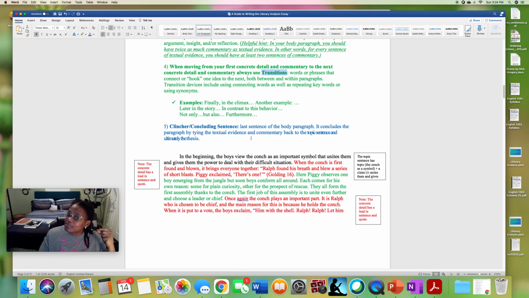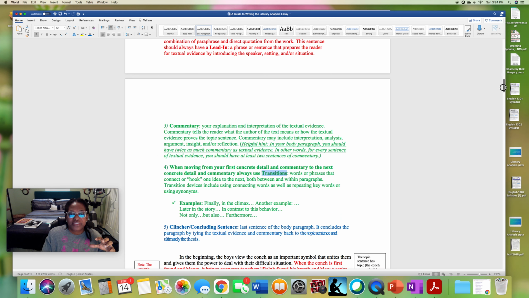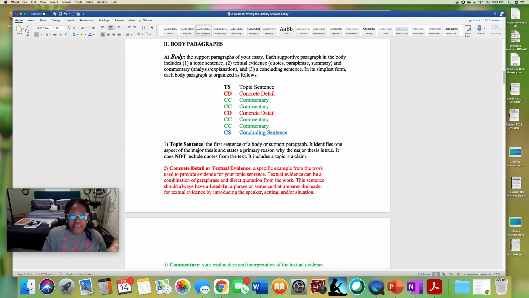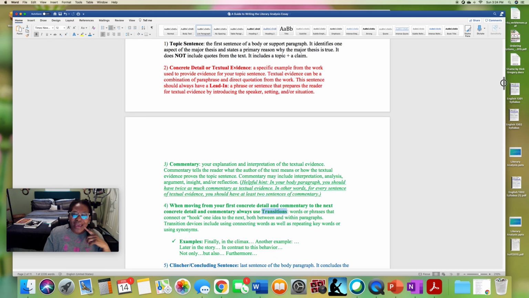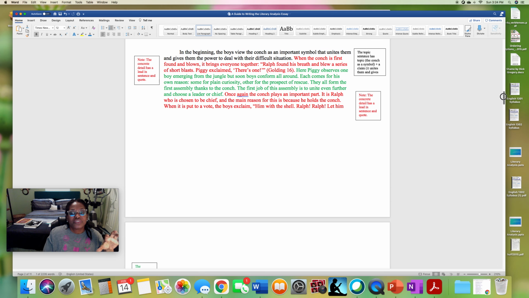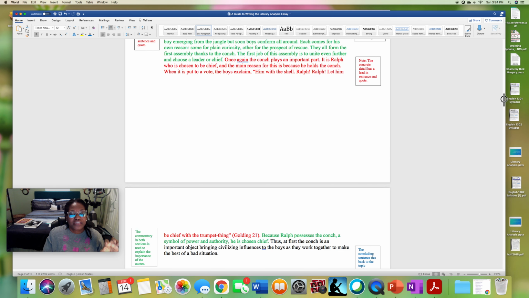This sentence is not going to be a repeated sentence, but it is going to be a paraphrase or a final thought about how all of the evidence that you've presented here relates to or supports that topic sentence. Okay.